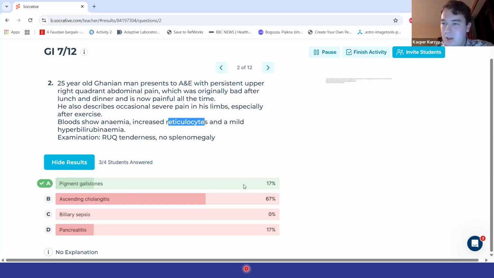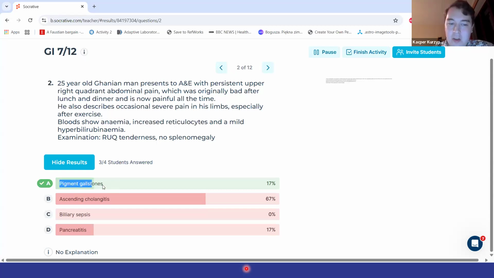Essentially, Ghanaian man, occasional severe pain in his limbs after exercise, anemia with hemolysis, it's likely sickle cell disease. And sickle cell disease releases a lot of hemoglobin into the blood, a lot of bilirubin.